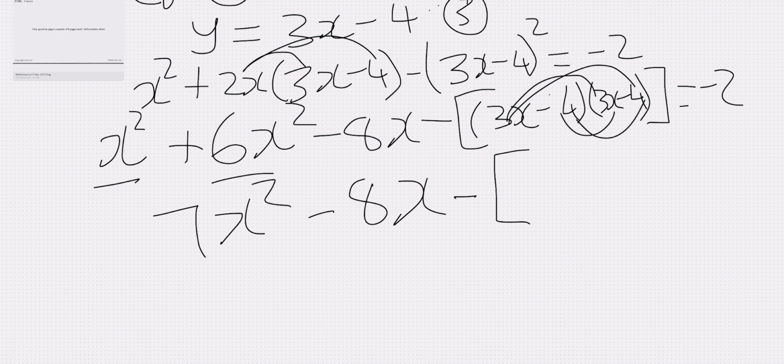So 3x times 3x, that's 9x squared. 3x times minus 4, minus 12x. Minus 4 times 3x, that's minus 12x again.